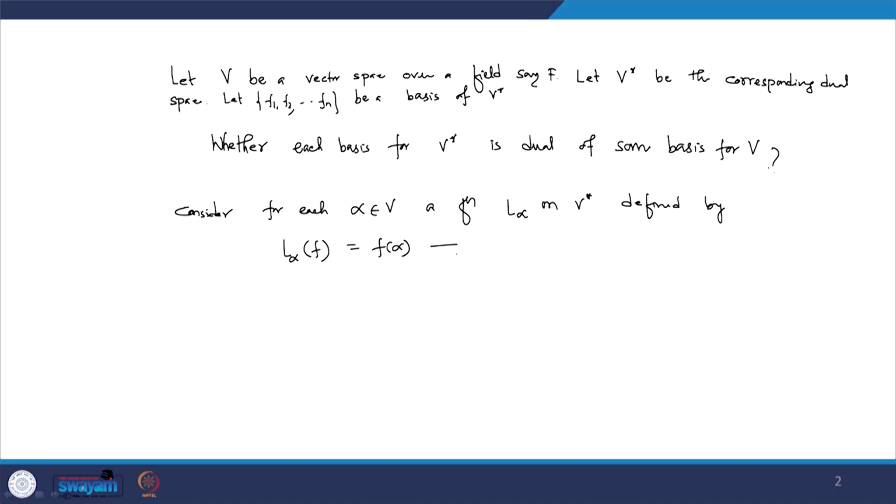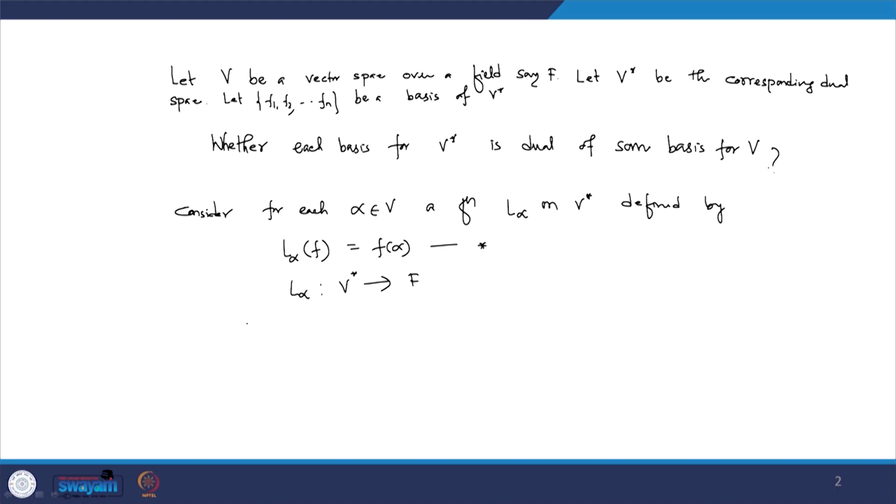So, this is a function from V star to your field capital F. This function we can check is also a linear function.